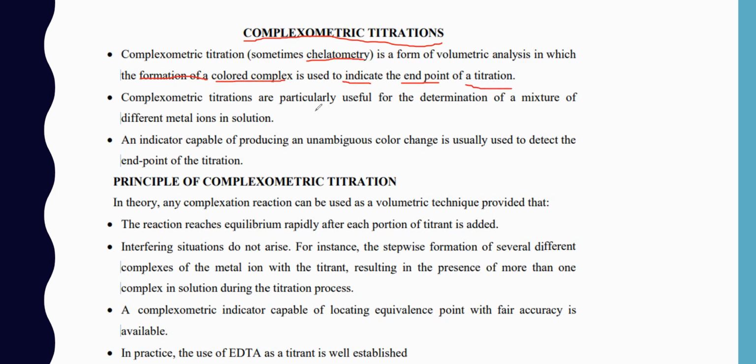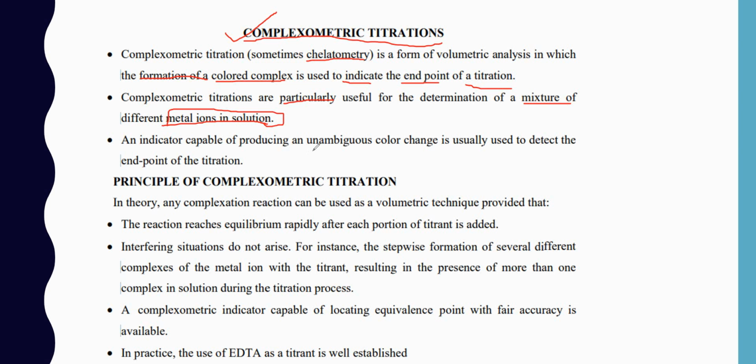Complexometric or chelatometric titrations are particularly useful for the determination of a mixture of different metal ions in solution. Is this clear? So if you need to determine a mixture of metal ions present in your solution, you would be doing the complexometric titration.